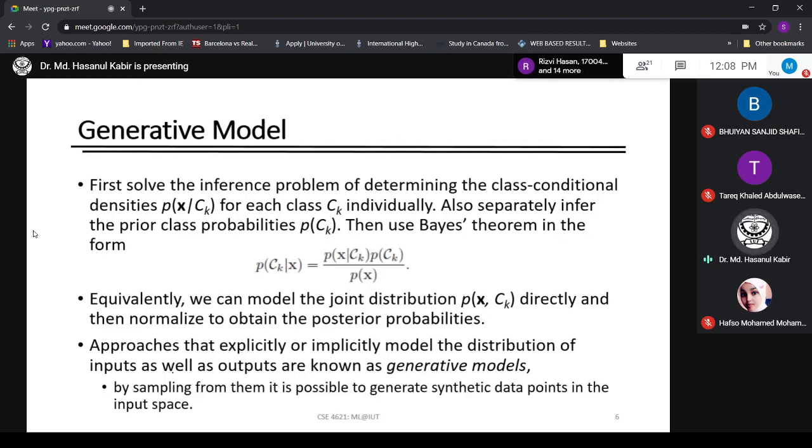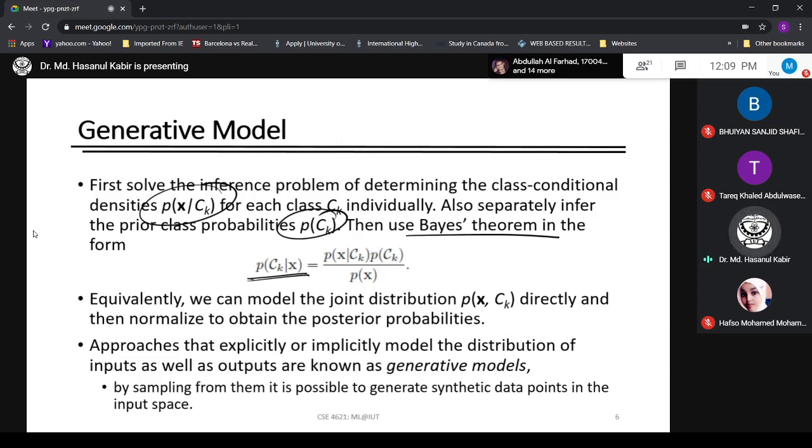So as we have said, in case of generative models, the inference problem starts with computing or determining the class conditional probability, that means the likelihood probability. If we combine it with the prior probabilities, using the Bayes theorem, we can easily compute the posterior probability.